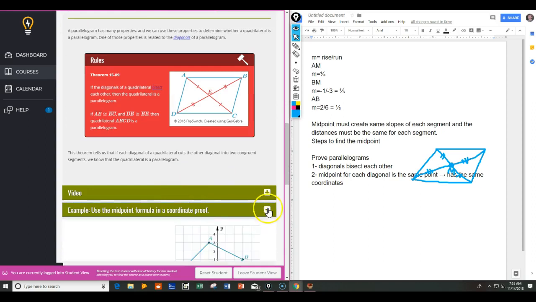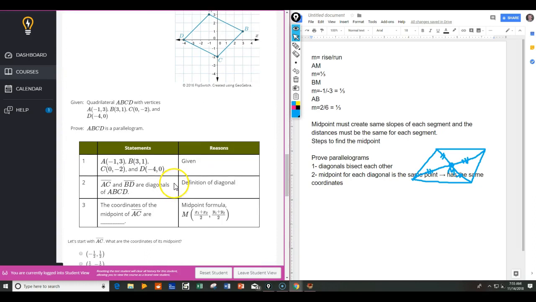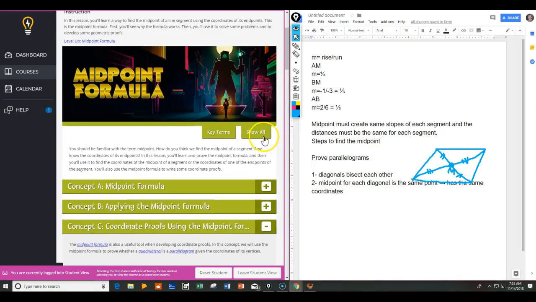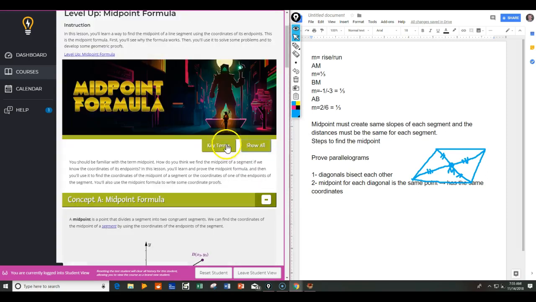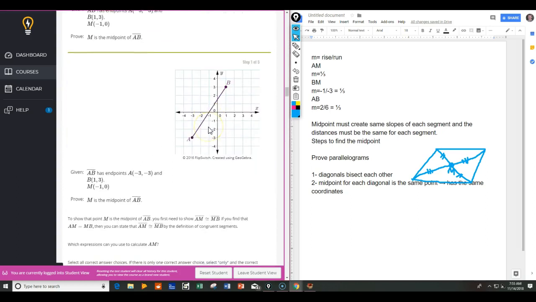Now if you wanted an example, here's a beautiful example, and this is probably already worked out. So definition of a diagonal, that's what they first started with. So I would write down that they had a diagonal.